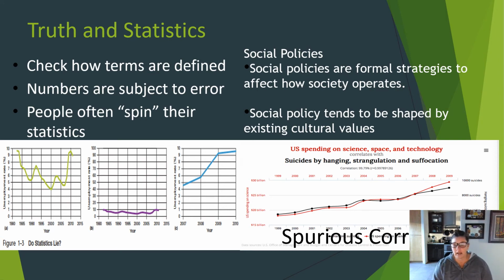The one we have here is U.S. spending on science, space, and technology, and suicides by hanging, strangulation, and suffocation. You can see here that the data from 1999 to I think it's like 2009, 2010, shows a very strong correlation, meaning as one increases, the other one increases.